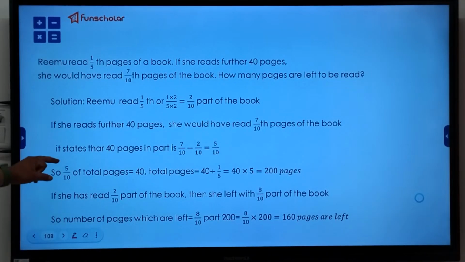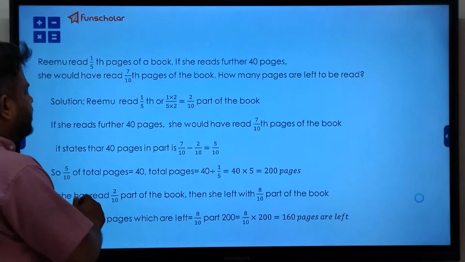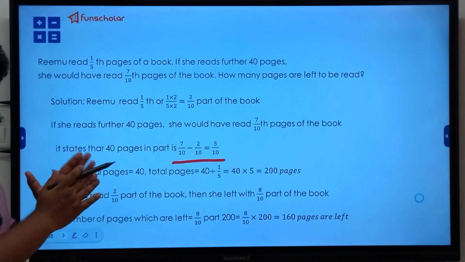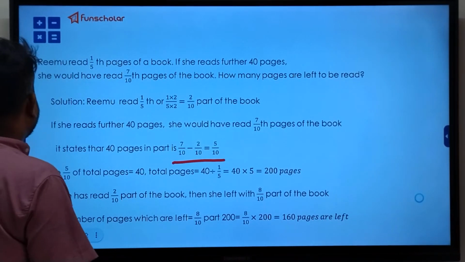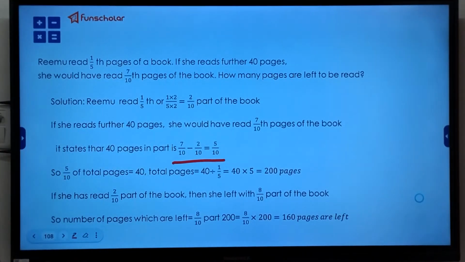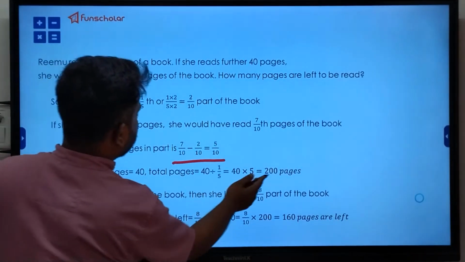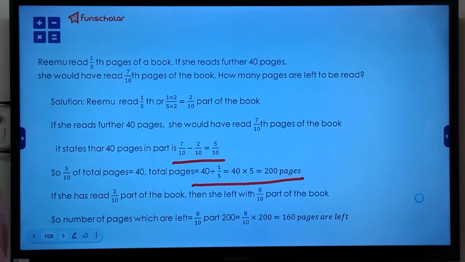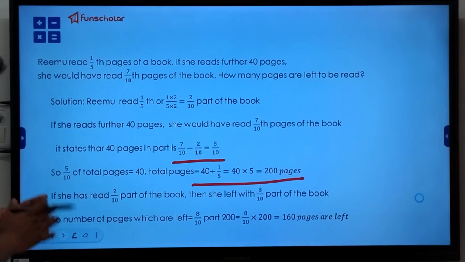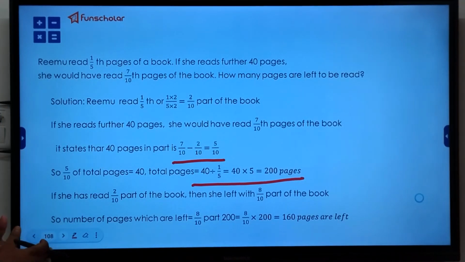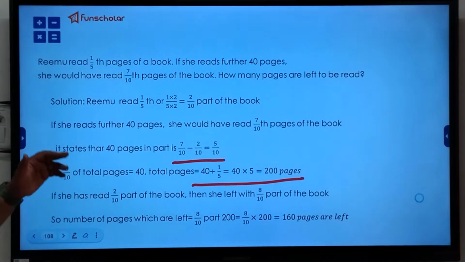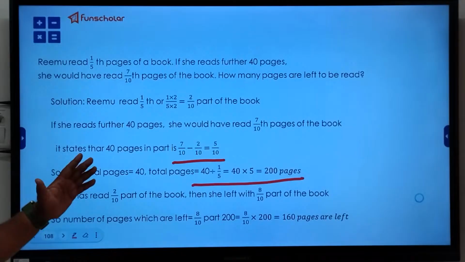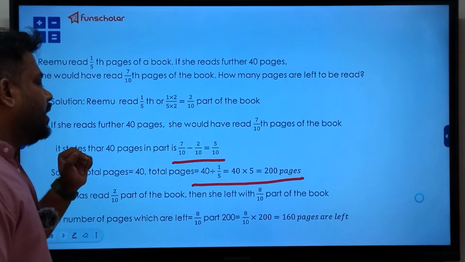It states that 40 pages is the difference, so just subtract it: 5/10 of the total pages is 40. So the total pages will be 40 divided by 1/5, which is 200 pages. If she has read 2/10 of the book, then she is left with 8/10 of the book. So the number of pages left will be 160 pages.